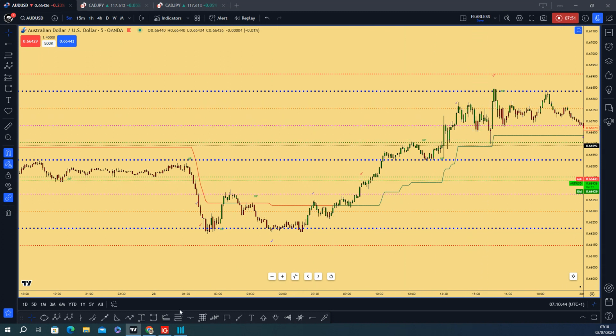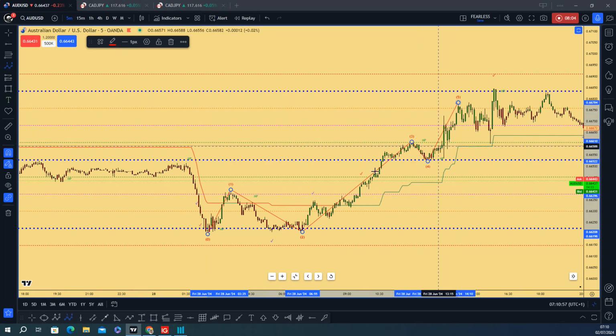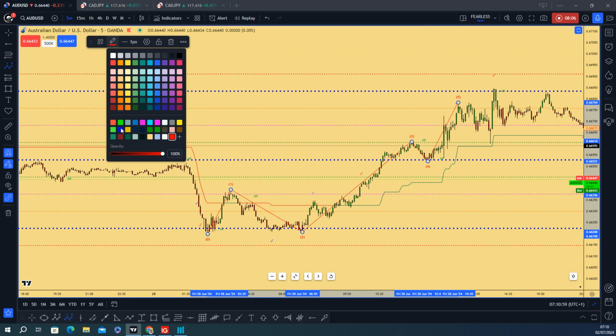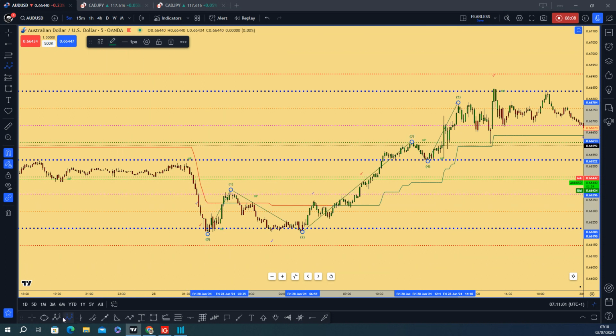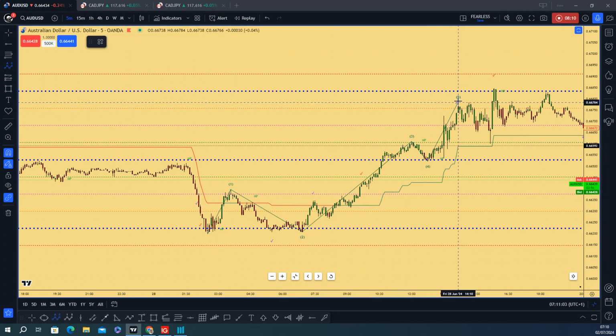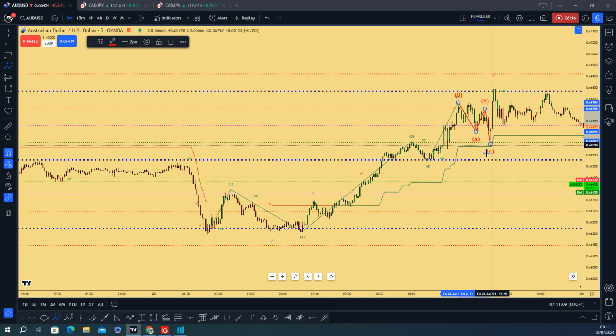We saw the correction there, so let's draw the wave structure. That is 1, that is 2, that is 3, that is 4, that is 5. Then we add the corrective wave there.